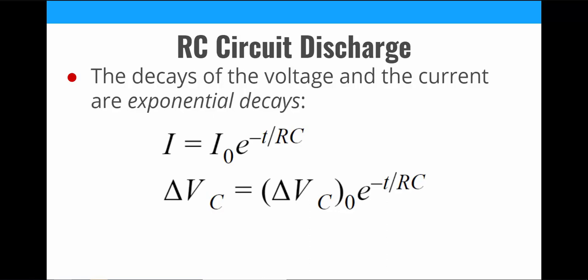They're not going to try to trick you on this or anything, but it's not like a nice 1 over R decay or something like that. This is, you guys know this e function here, right?